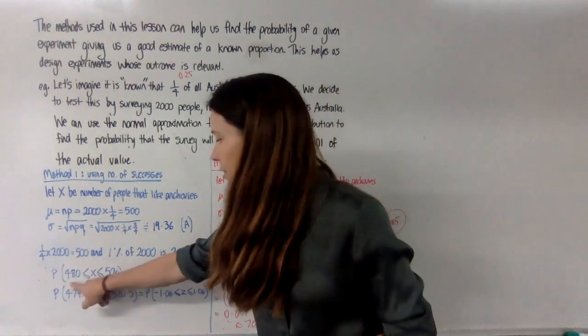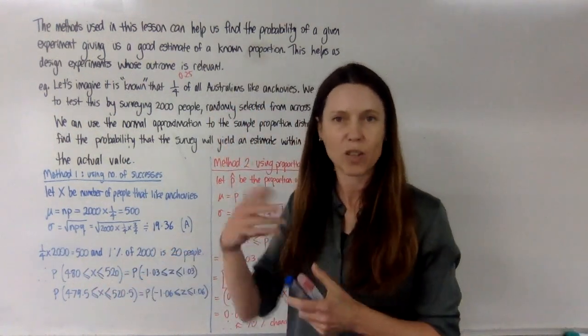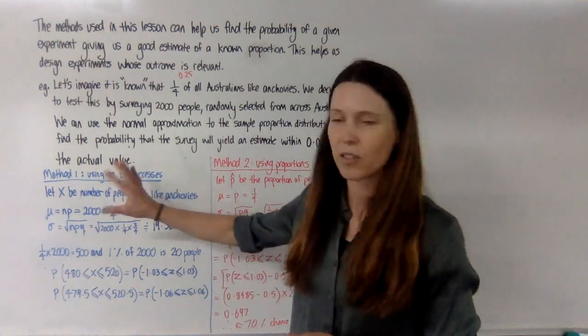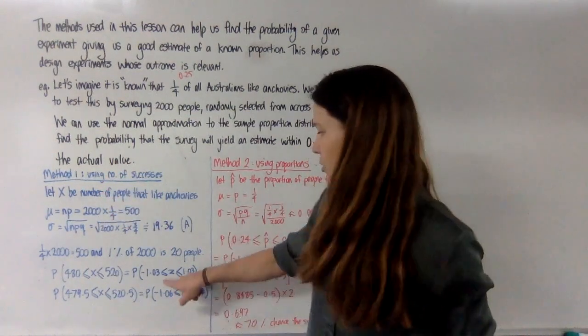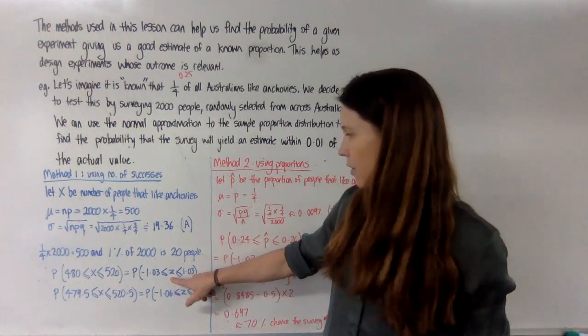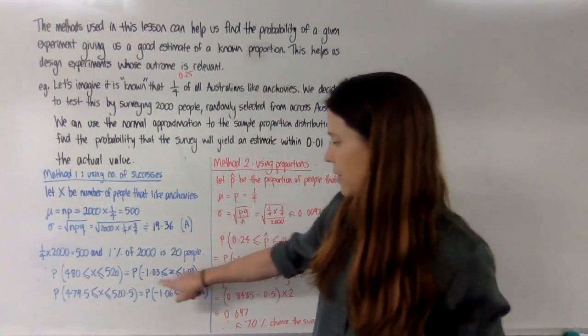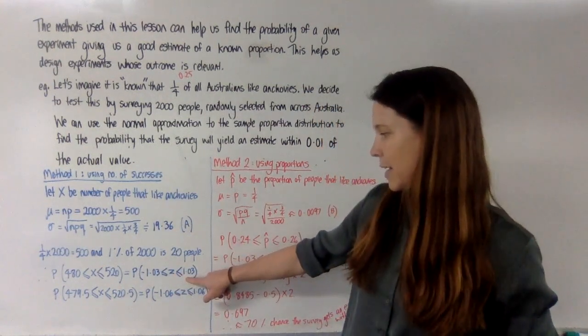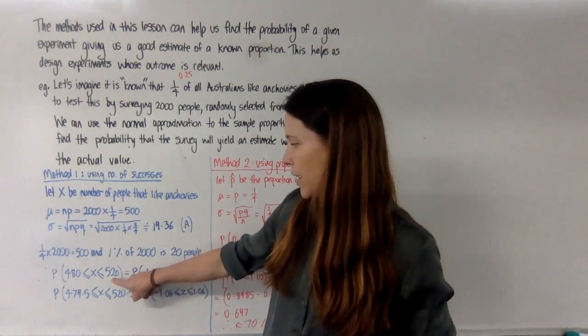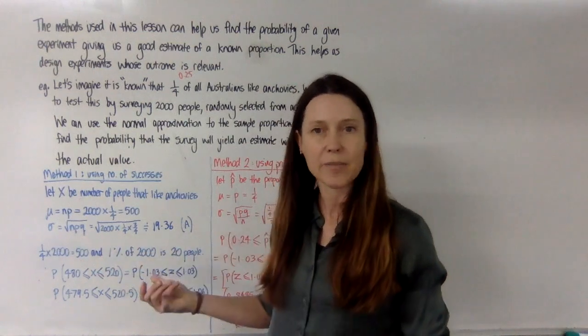Now, you'll notice here I haven't accounted for the continuity correction, the fact that this is discrete data, and I'm approximating it using the z-scores, which are built on continuous data. If I don't account for that, then I can find these z-scores quite easily by just saying, well, 520, how far is that above the mean? How many standard deviations is that?